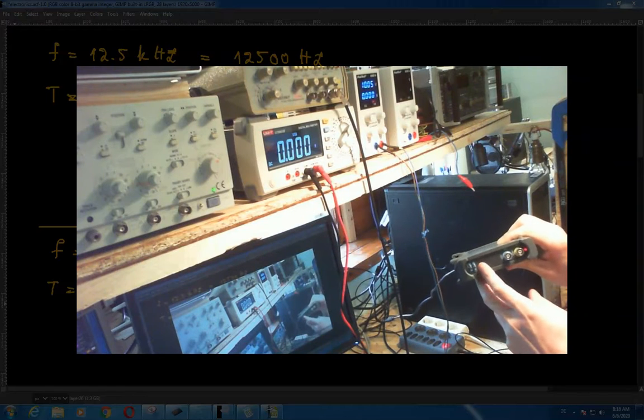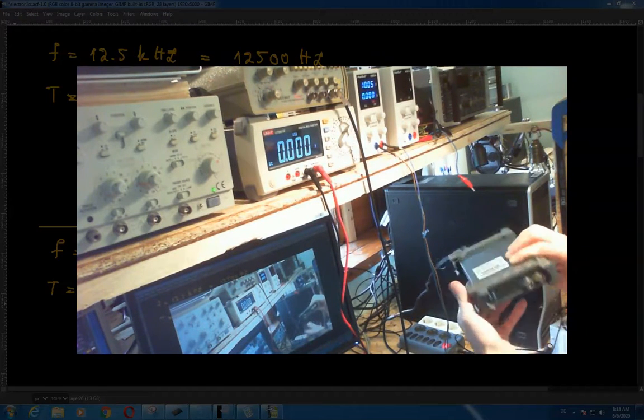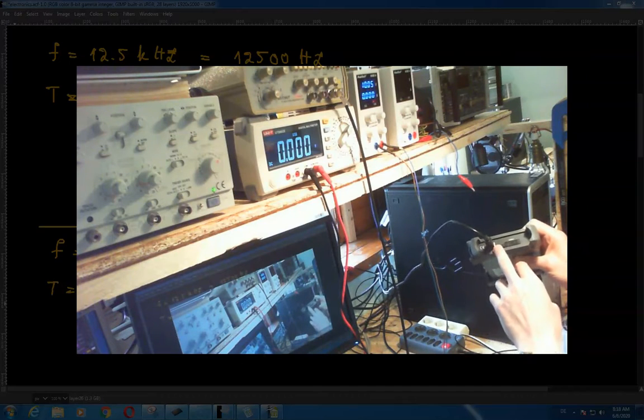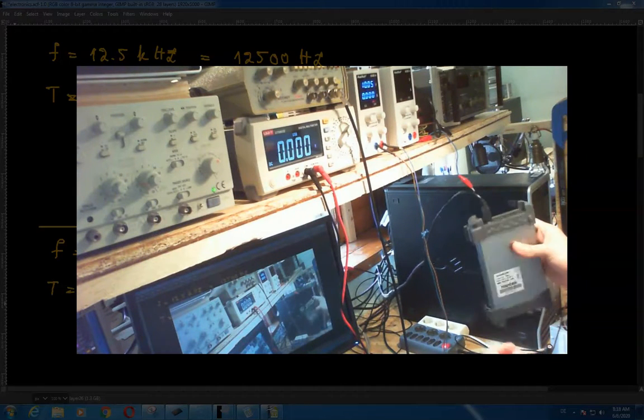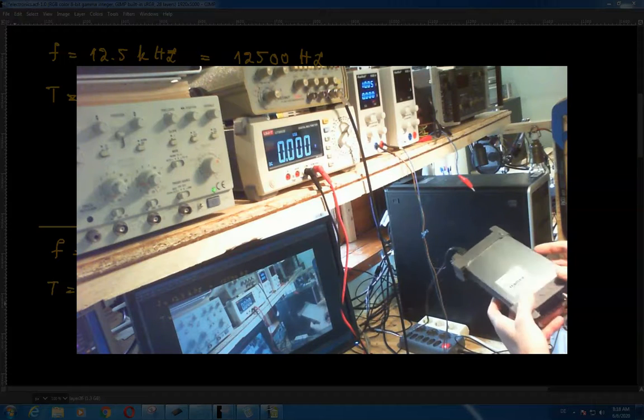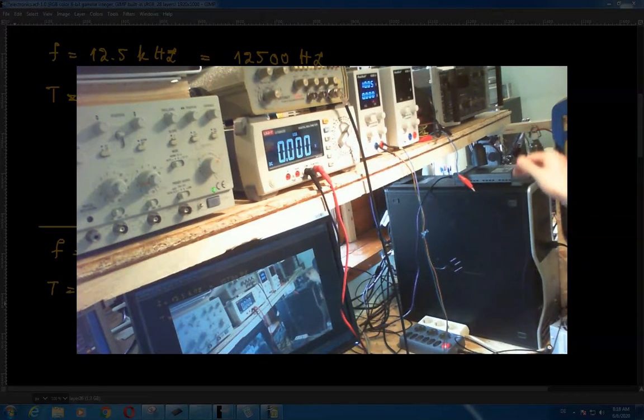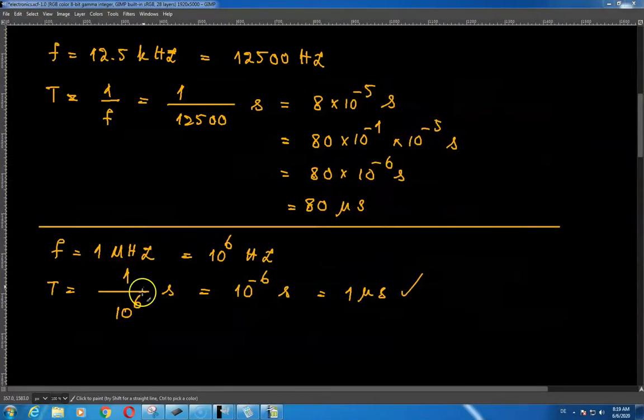And this is the ground and some test signal over here for alignment and that sort of thing. And then on the back side you have the USB port that goes to a PC. And then on a PC there is software that you can install, and then you can use this.